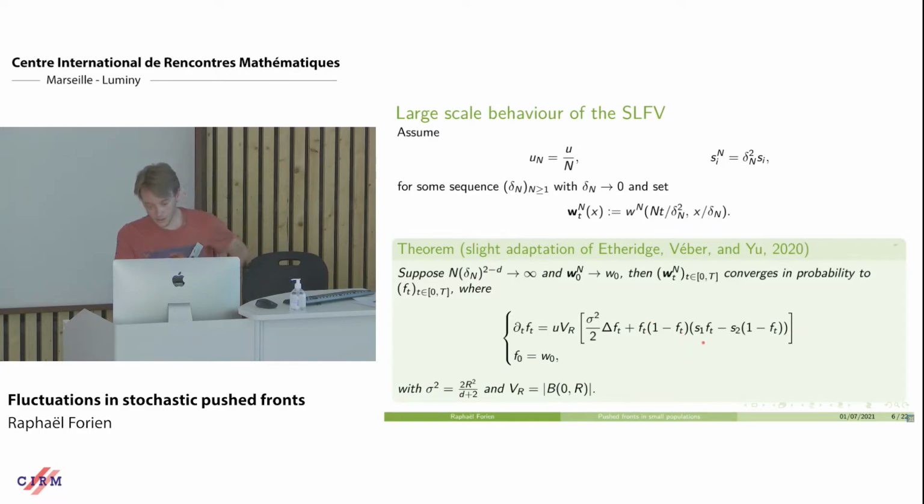If you look at it closely, you will see that it's negative when f is small, close to 0, and it's positive when f is larger than some threshold. So it's a bistable reaction diffusion equation, and we know a lot about these equations. Keep in mind that something had to go to infinity in order to get this deterministic limit.